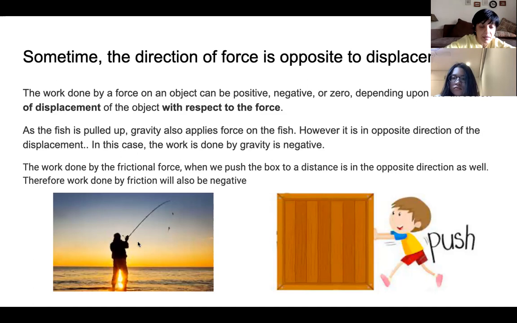In this case, previously we saw that the man is doing the work because he is applying the force to pull it up. So he is doing work. But at the same time, there is another force which is at work. Can you tell me what that force is?